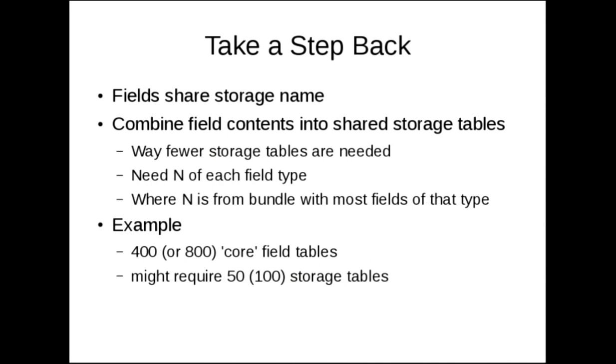So if you've got list text 1 through 10 on a particular bundle, you have to have that many, because we said we can't reuse those field tables, right? Whoever has the most of the type determines that. Add up all those maximum numbers, and you get how many tables you need. To me, that is a big improvement. Just getting rid of all this clutter in the database is worth something.